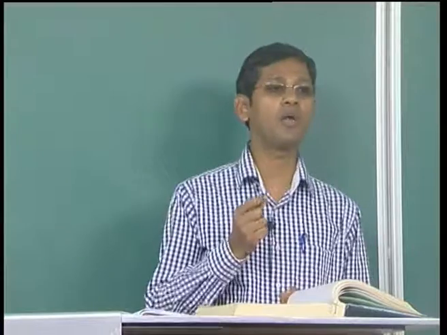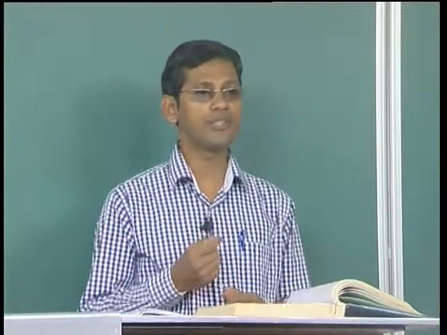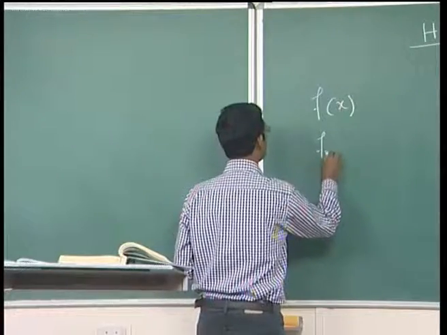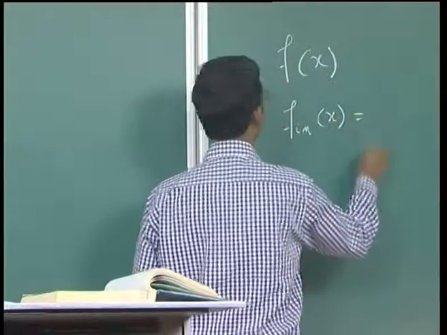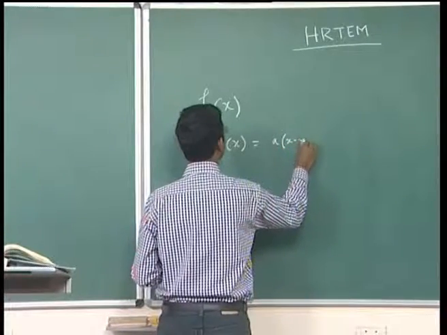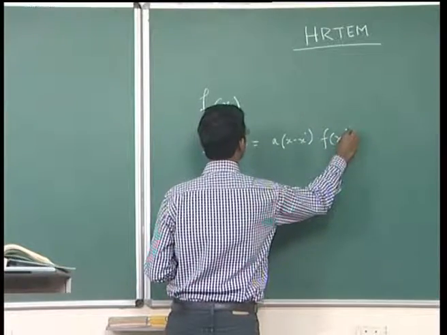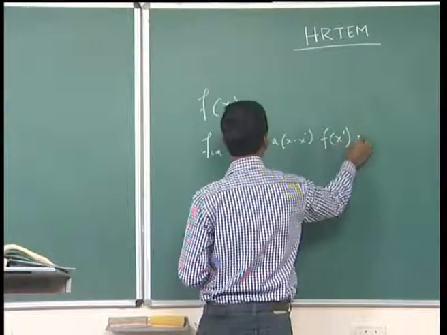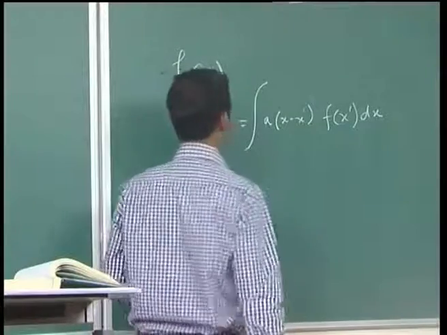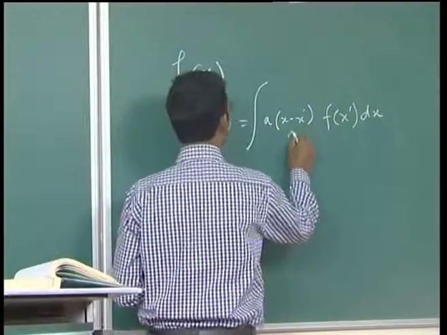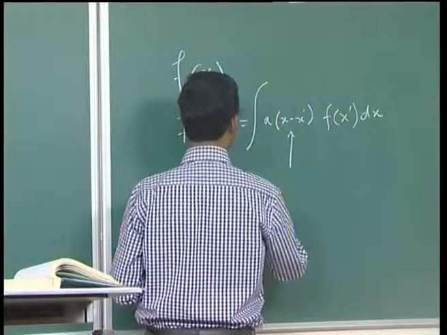The rays are passing through a small aperture, and if we assume this aperture to be the window through which the light is passing, then we can interpret the image, basically the contribution at the point x in the image plane, by this function called f_image(x), which is nothing but the integral of a(x - x') f(x') dx', where a(x - x') is nothing but the aperture function.